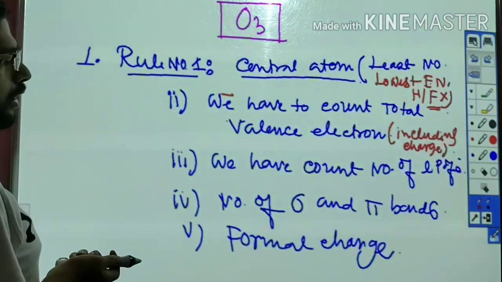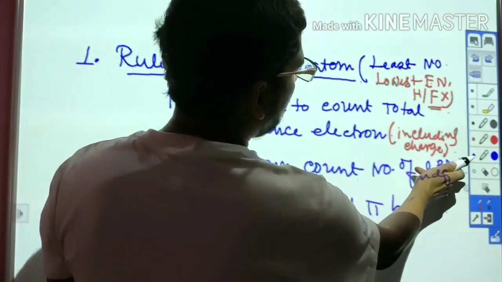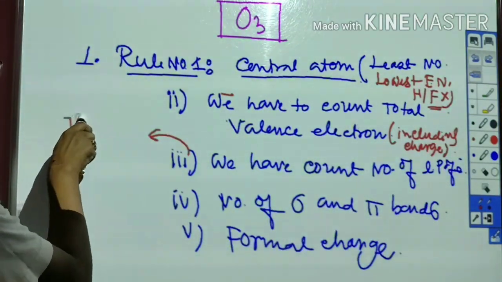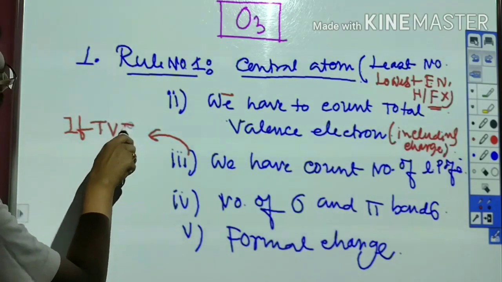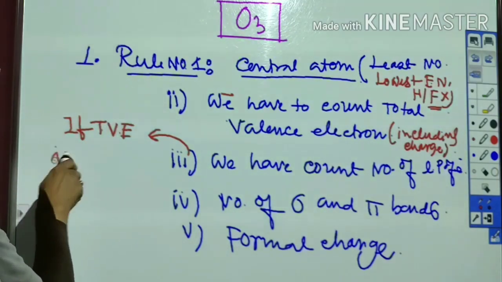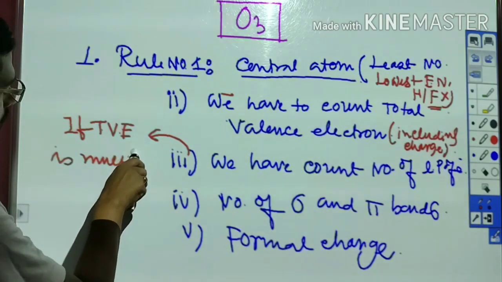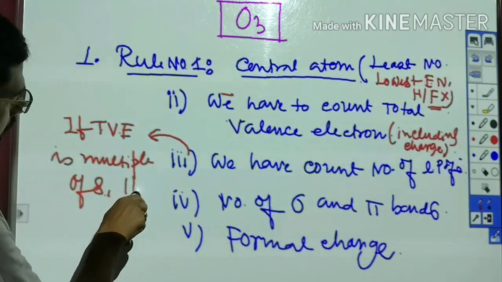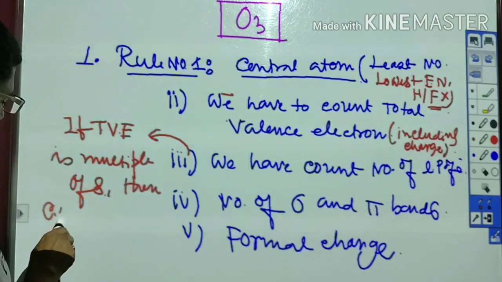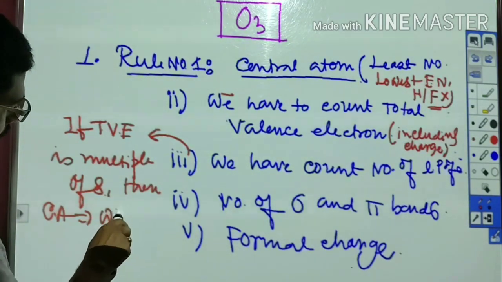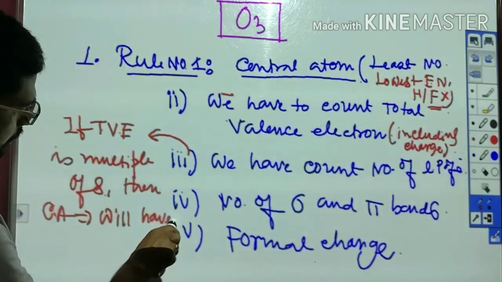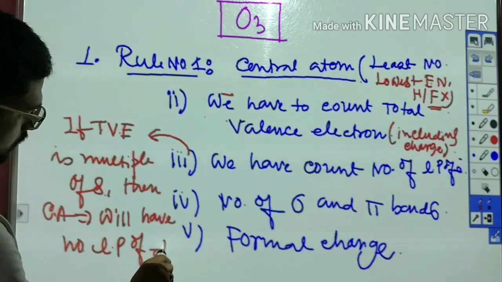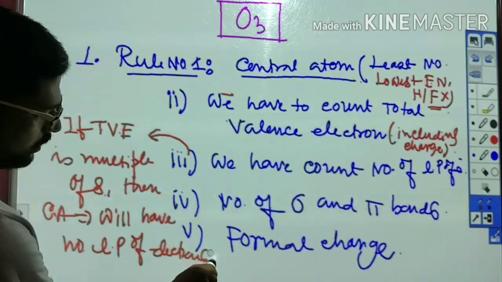Then we will count the number of lone pairs of electrons. If total valence electron is a multiple of 8, then the central atom will have no lone pair.